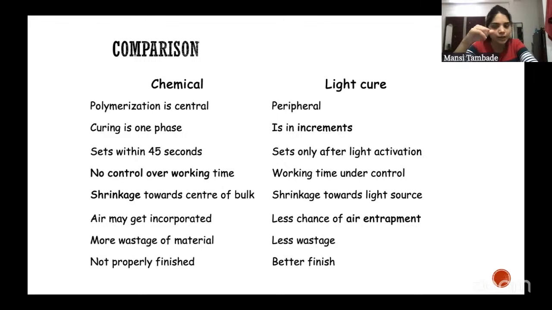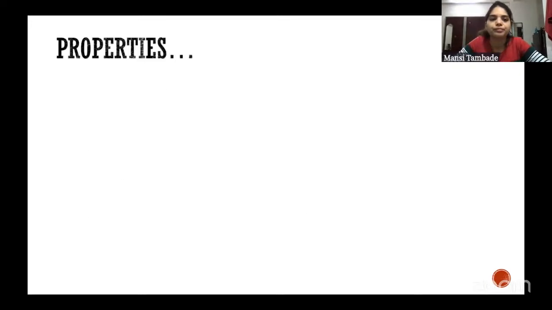Less wastage takes place in light cure as we apply layer by layer and can see up to what level we can apply. In chemical cure, once we place it, it sets chemically within 45 seconds, so we do not get that much working time, and excess material could be placed by a clinician who is not trained properly. The finishing is not proper in chemical cure, and very proper in light cure.